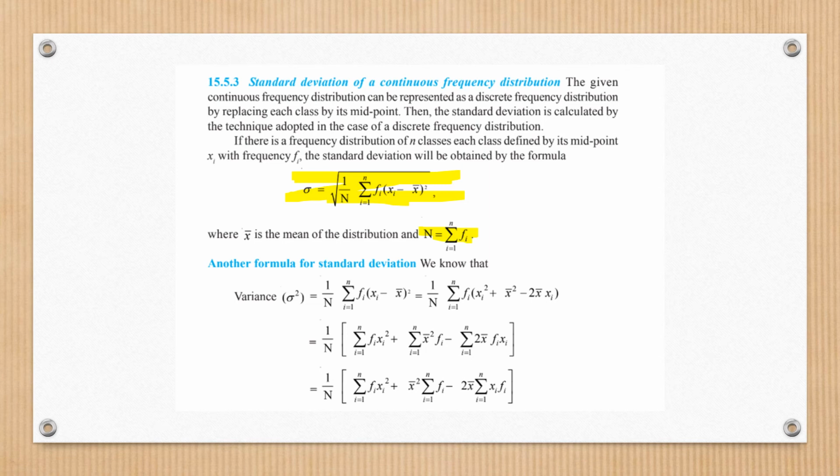Another formula for standard deviation can be derived from this result by opening it. I can open this whole square as xi square plus x bar square minus 2 x bar xi, and then multiplying with fi I'll get these terms. Again, I'll take x bar square outside as the mean is fixed, so it is x bar square summation fi, and again 2 x bar from here.